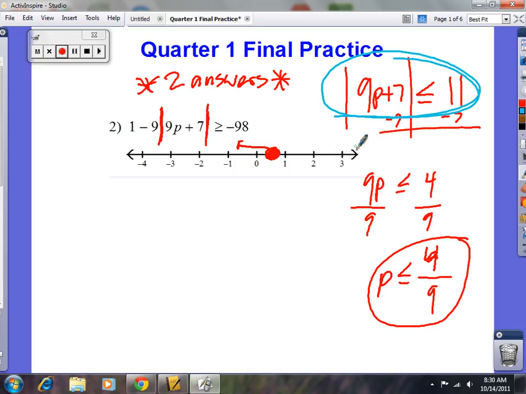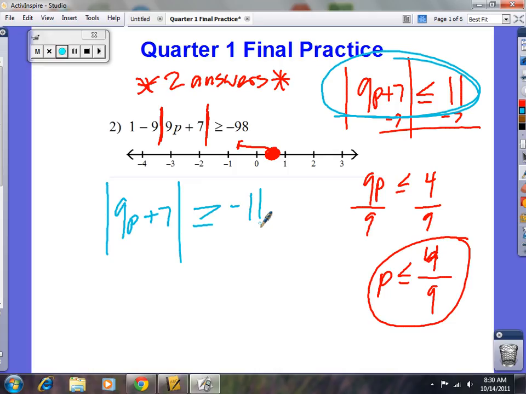So I got rid of the 1 and I got rid of the negative 9, and that's where I am. So for answer number 2, you're going to have absolute value of 9p plus 7, and you're going to change the direction of your inequality. It's going to be greater than or equal to negative 11.